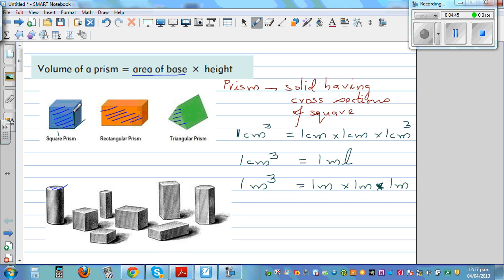This is a cubical tank, 1 meter by 1 meter by 1 meter. That is 1 meter cube, and that is 1,000 liters. So these are conversions that may be helpful later on. So 1 meter cube is 1000 liters, and 1 centimeter cube is 1 milliliter.